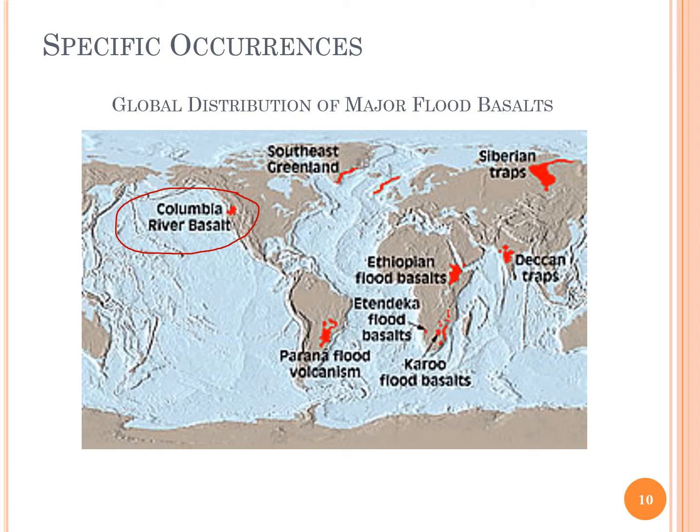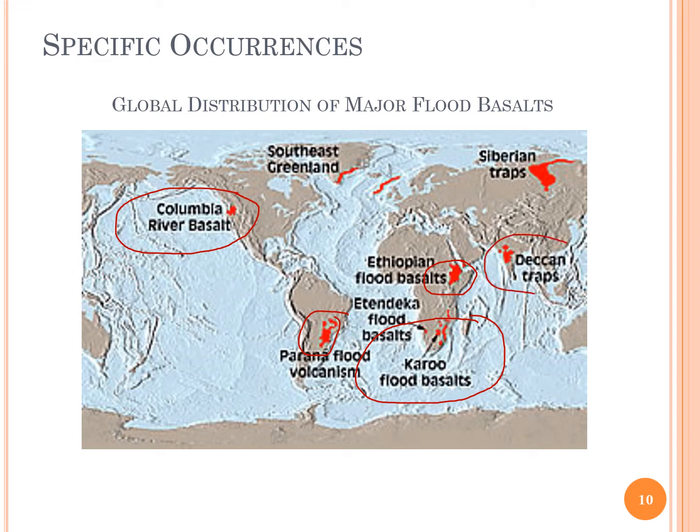But you can see some other really large ones here in southern Brazil, Ethiopia, the highland basalts of Ethiopia, some rather famous older basalts here in South and Southeast Africa, the Karoo basalts, and then finally, two very important ones geologically that have affected the Earth's climate and evolution of land and plant animals.